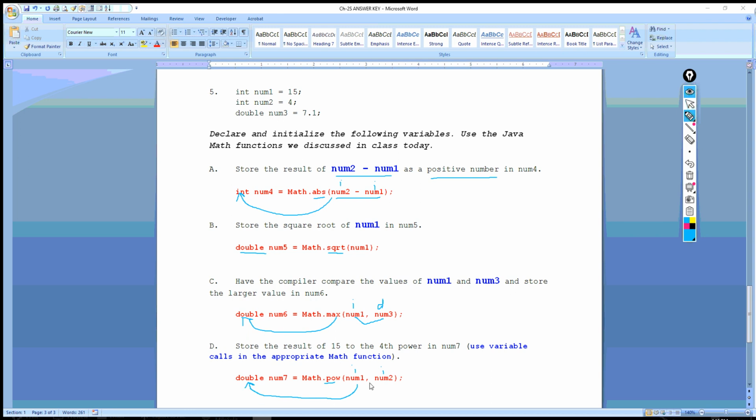It doesn't matter that they're both ints in here. And so make sure you don't have 15, 4. We want to always do a variable call for values that are being stored in variables or memory locations. All right, so that is it for this answer key.